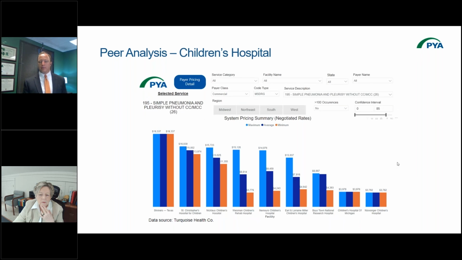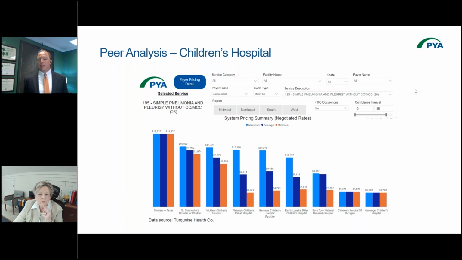Another example that was pretty neat to work on with the data is looking at reimbursement for children's hospitals. We were approached by a children's hospital that believed they were getting a lower reimbursement than they thought other competing facilities were. So we looked across the nation and compared rates. We had approximately 36 children's hospitals that had posted at this point in time.